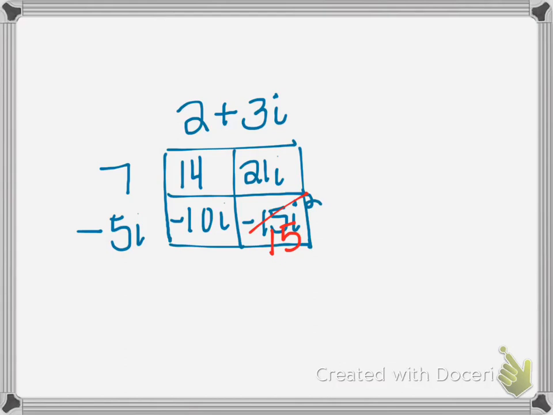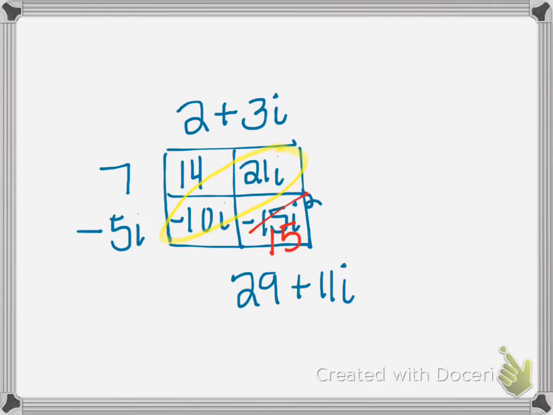And then my 2 like terms are right here, in the upper right hand and lower left hand. So 14 and 15 make 29, and then add the i terms, and that makes plus 11i. So you can do this for complex number multiplication.